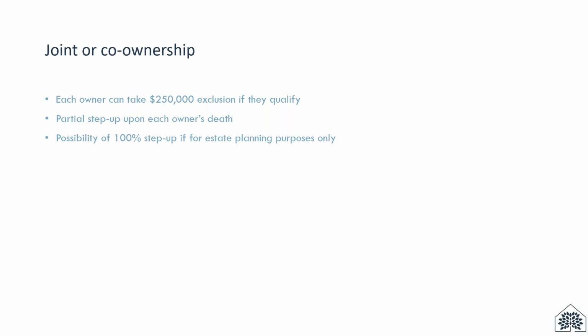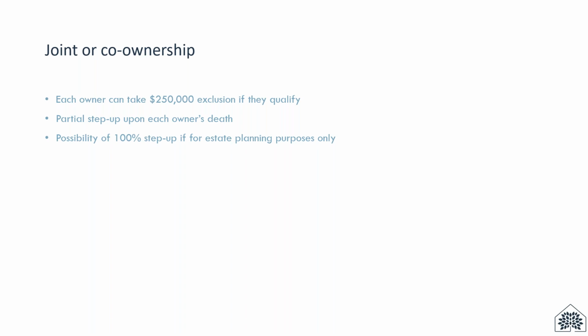The big difference between married and non-married couples is that married couples can get the full $500,000 exclusion without both being owners of the property. They just both have to satisfy the living there requirement. If they're not married, they both have to have owned it and lived there. If one owner dies, you get the partial step up based on that person's ownership interest.